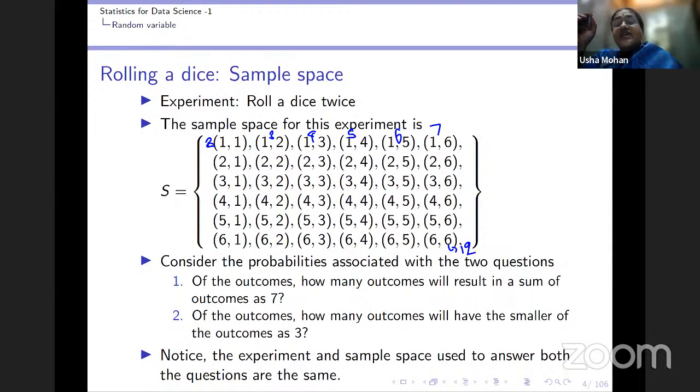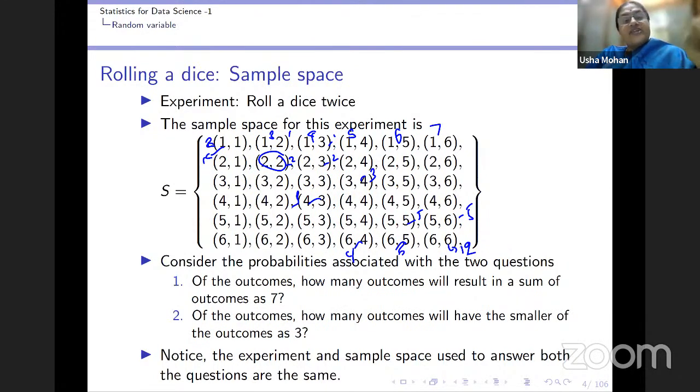Similarly, if I'm interested in the smaller of the outcomes, the smaller of the outcome for this outcome is a 1. Here again it's a 1. Here it's a 1. Here it's a 2. If both the outcomes are the same, I'm going to take it as the same. So here it is a 3. Here it's again a 3. Here it is a 5. Here it's a 5. Here it's a 5. Here it's a 4. So you can see that on the same sample space, I have defined 2 random variables.